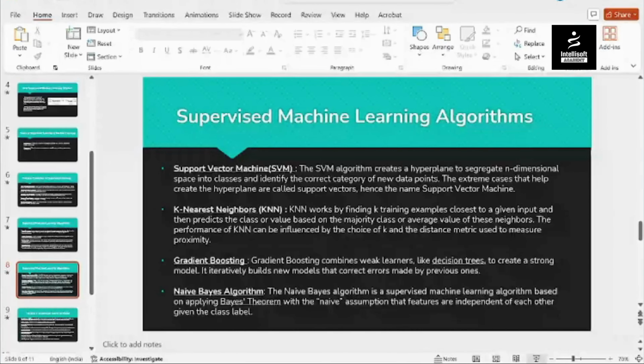Then it is the naive Bayes algorithm. Naive Bayes is a supervised machine learning algorithm based on applying Bayes' theorem, with the naive assumption that features are independent of each other. We will learn naive Bayes again while learning overfitting and underfitting, so let's skip this.